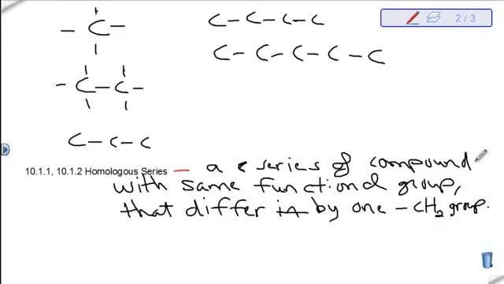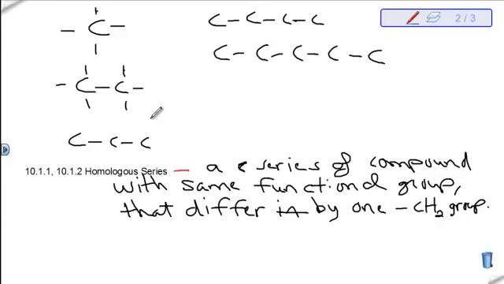We could do the same thing with alcohols: methanol, ethanol, propanol, butanol, pentanol. We could do the same thing with any of the functional groups. A homologous series is simply the same thing with one extra carbon. Okay? You guys all good with that?